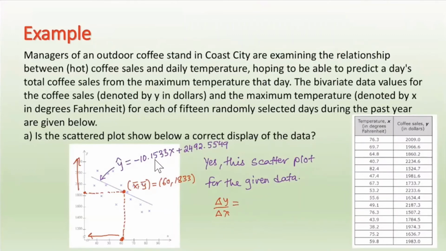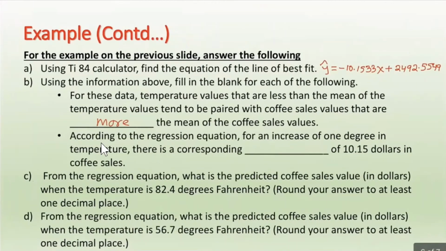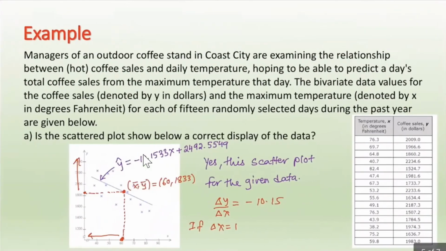Now, if delta X is equal to 1, because the question says an increase of 1 degree in temperature, so when we say increase, this is plus 1. If you plug in plus 1 here, it will be delta Y divided by plus 1, which is simply delta Y, that is negative 10.15.